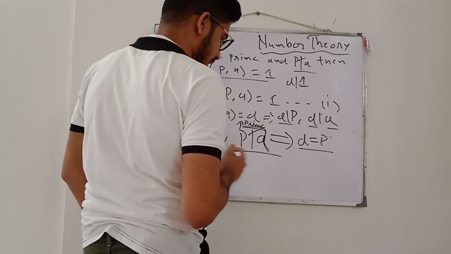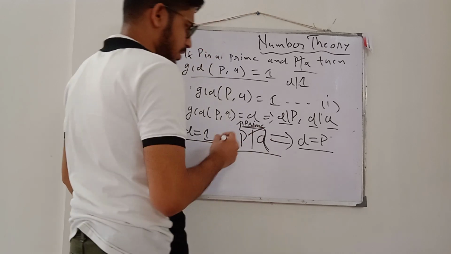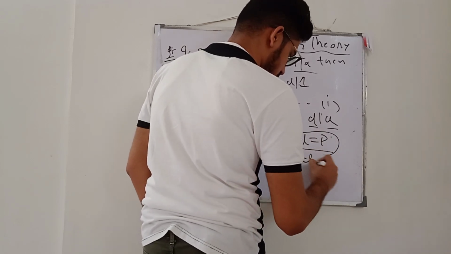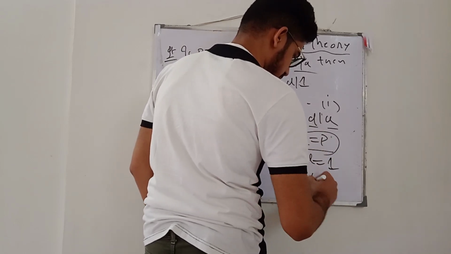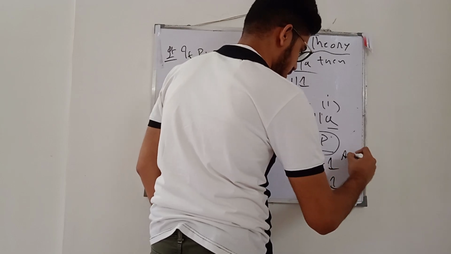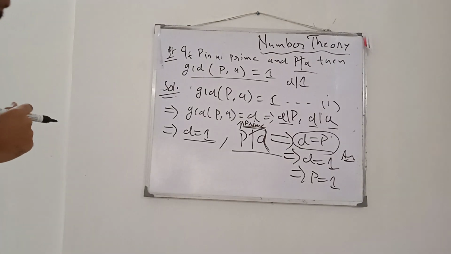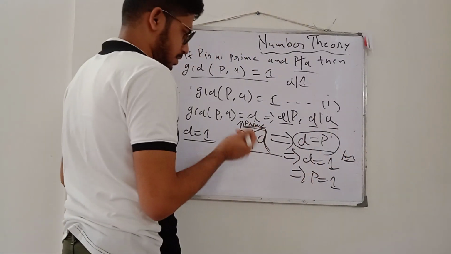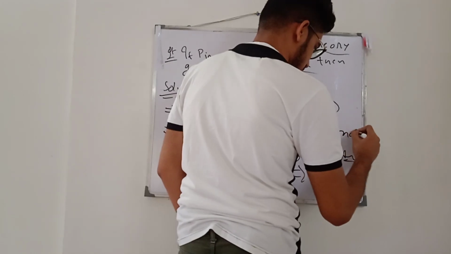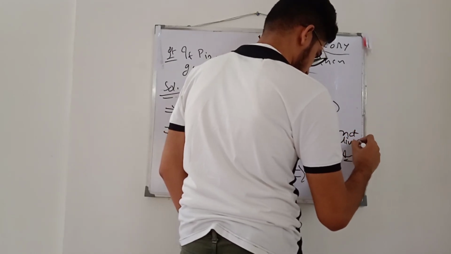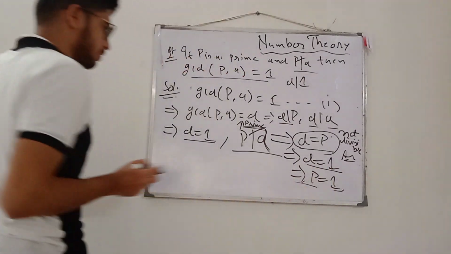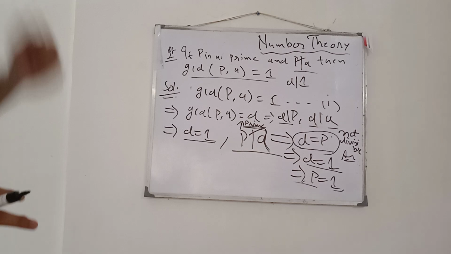It is a prime number, so D should be equal to P. And also D is equal to 1, that means P is also equal to 1. So here is the answer. Not divisible. That's why D is equal to 1, P is equal to 1. I hope you guys understood. Now let's move to the next question.